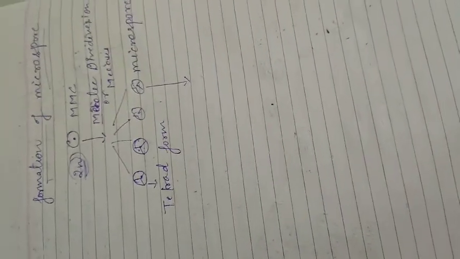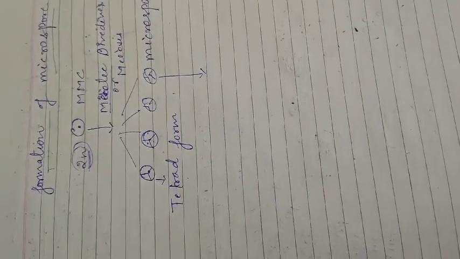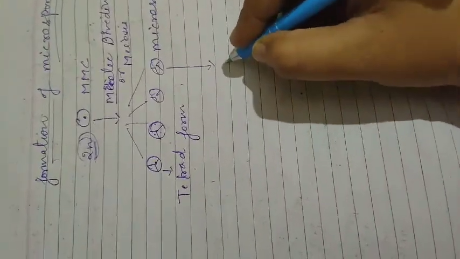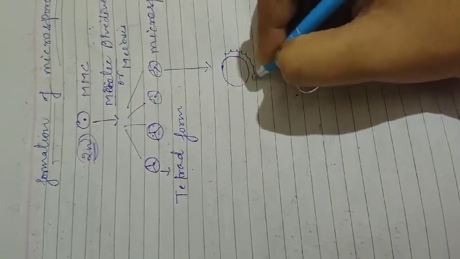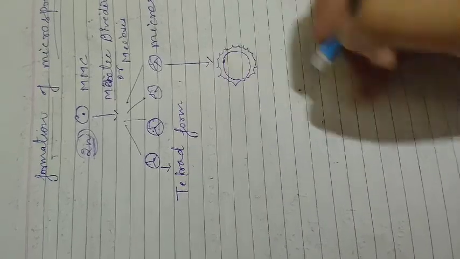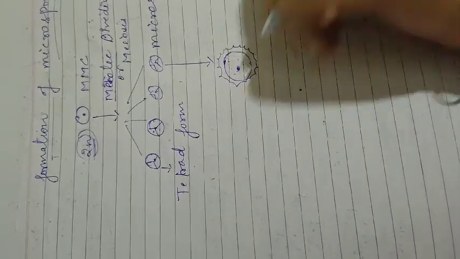I will brief you on a single microspore. What is the structure of a microspore, also known as a pollen grain? The structure of the pollen grain looks like this: a center nucleus with cytoplasm.